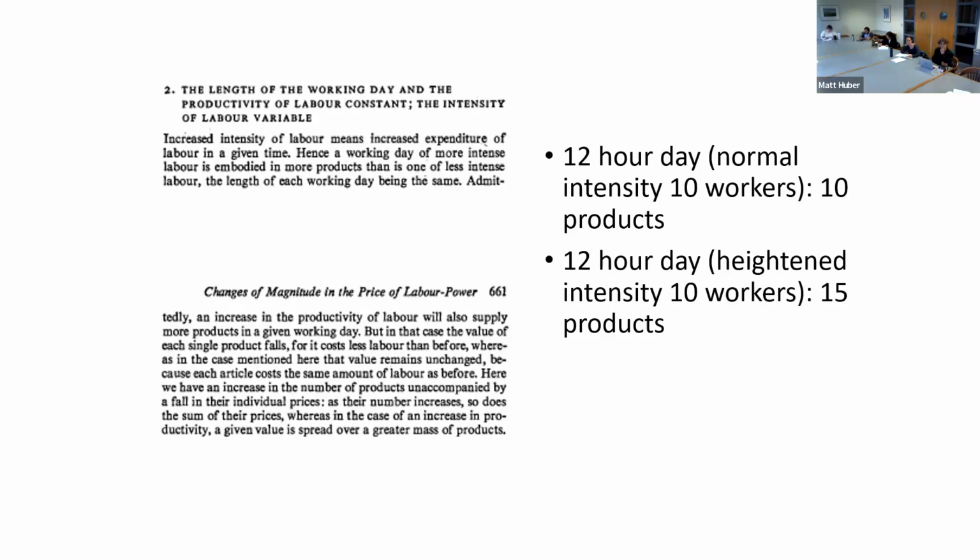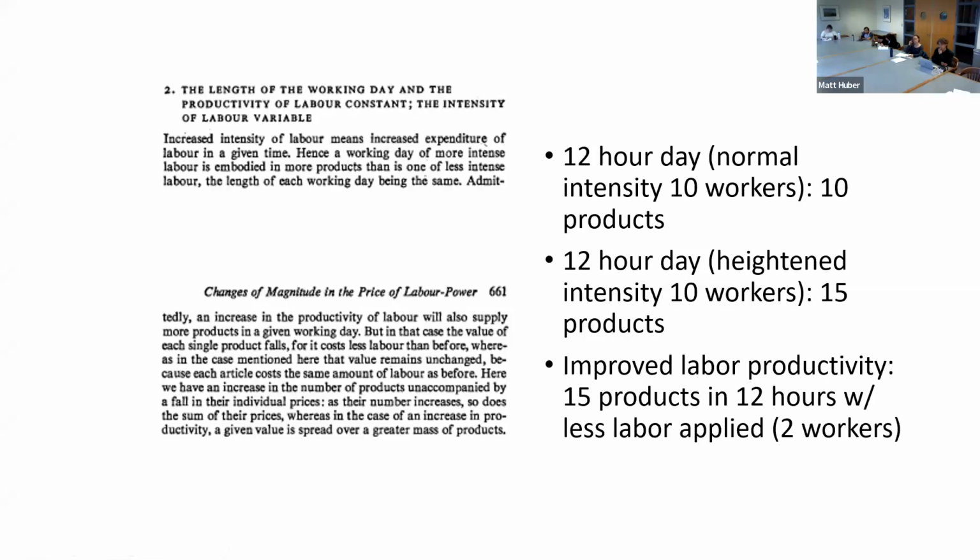But you still had 10 workers working 12 hours, right? But if we were to improve labor productivity of this process, we might produce the same 15 products in 12 hours, but we do it with 2 workers instead, right? There's less labor applied over the 12 hours.